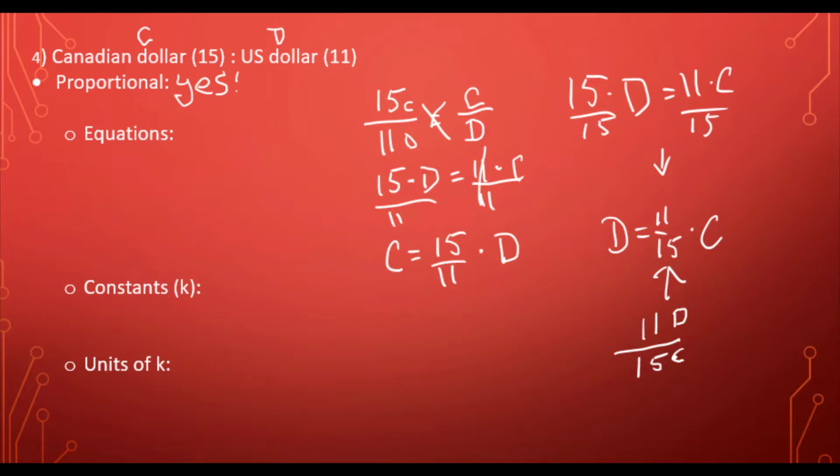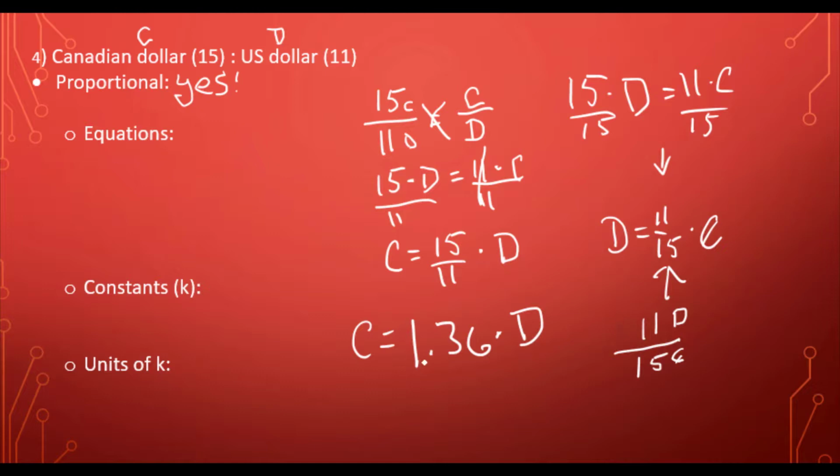Dollars over Canadian dollars times Canadian dollars, and they will cancel. Now let's take this one and divide 15 divided by 11. And I get about 1.36. So there's K there.